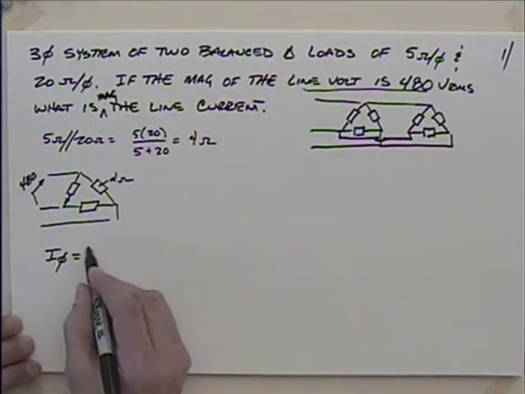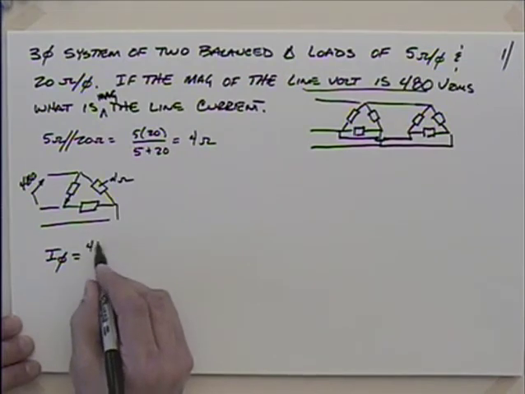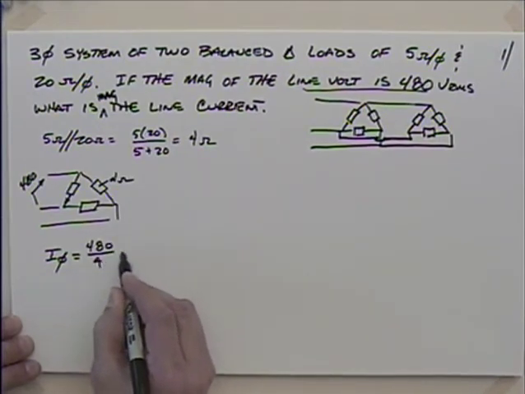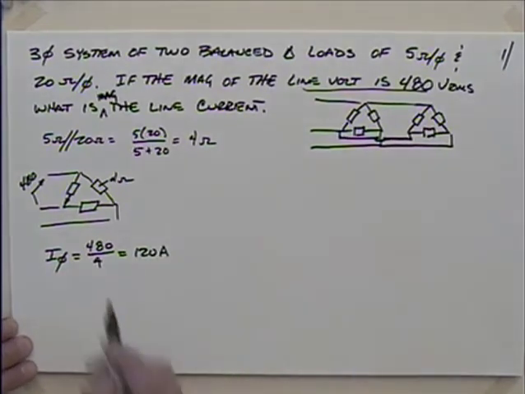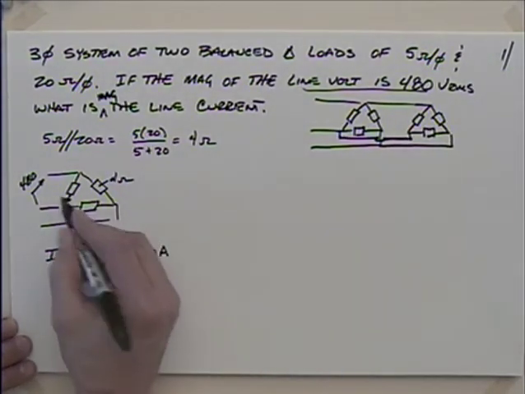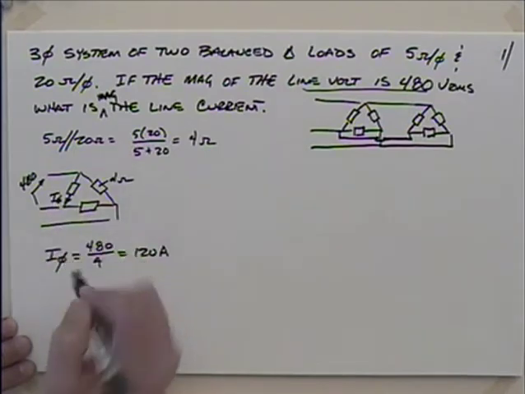So I'm just going to say that's a voltage 480 divided by 4, which gives me 120 amps. Now that's certainly not the line current, that's this current in here. That's the I phase, isn't it?